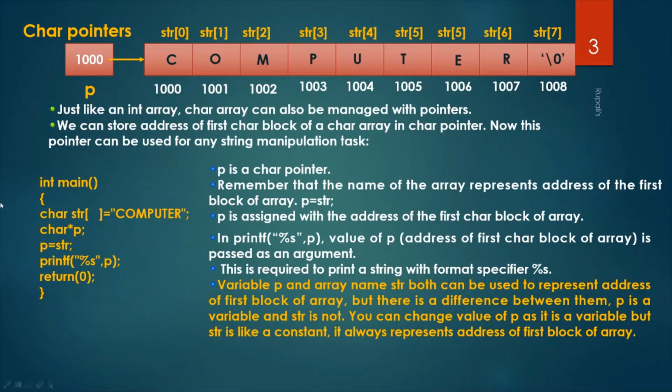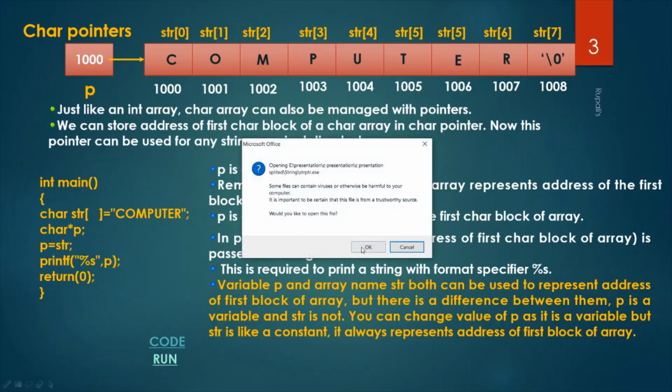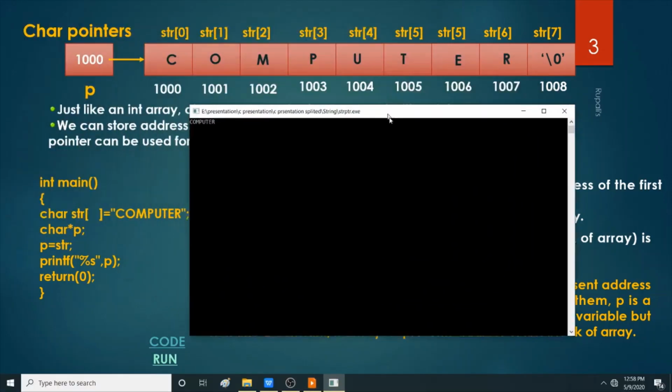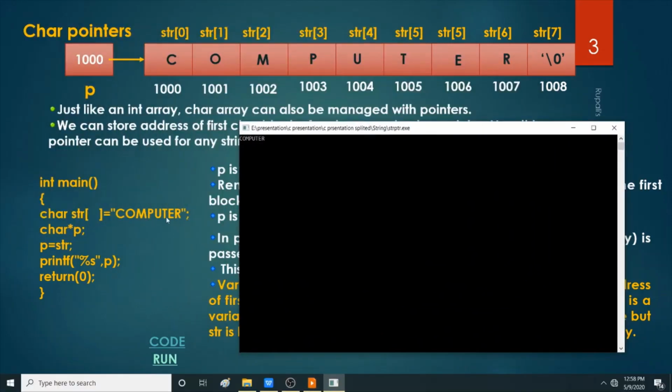So str is constant and P is a variable, but the value of P is 1000 and the value of str is 1000 here. So this is the difference between P and str. One is variable, another is constant. When we run the program, it will print this string, computer.